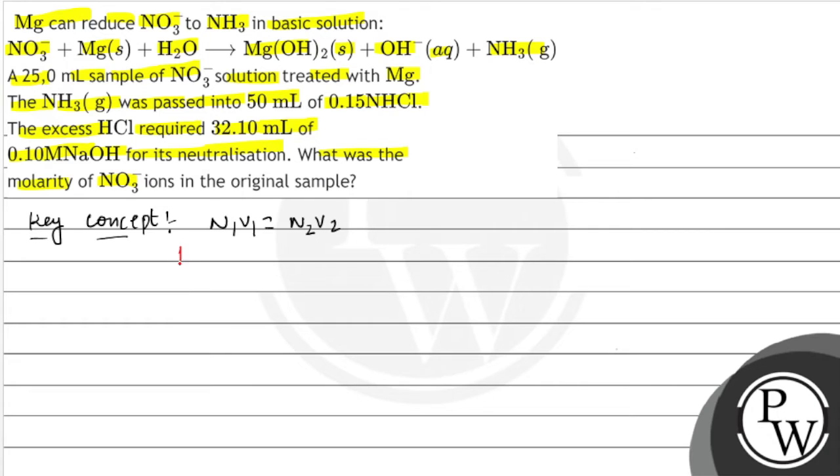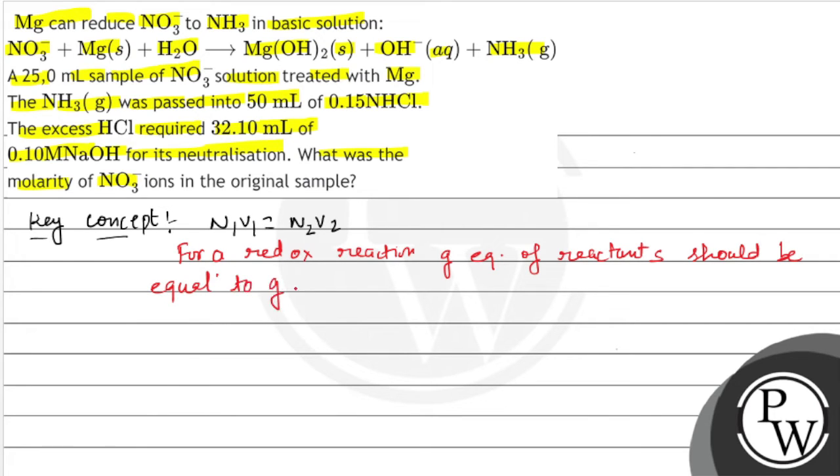That is, for a redox reaction, the gram equivalents of reactants should be equal to the number of gram equivalents of product. This is the general normality equation.